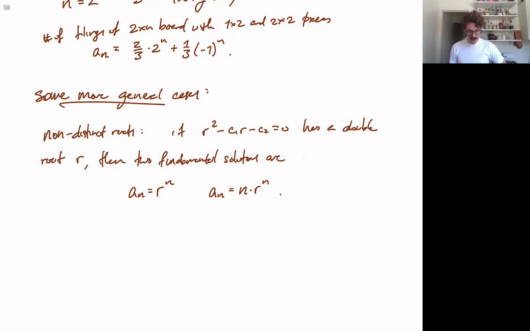So let's just check that the second one actually is a solution. That's something that we can just check. The first one still works for the same reason that it worked before. So let's check the second one.